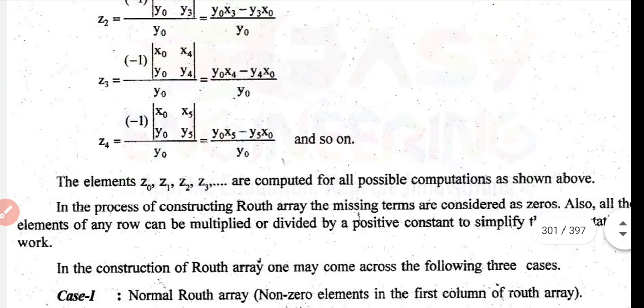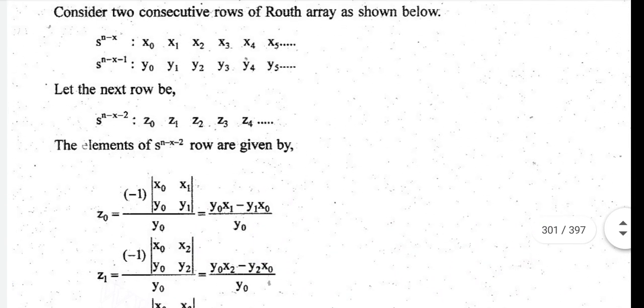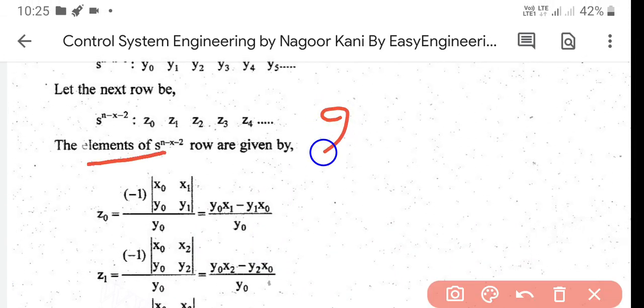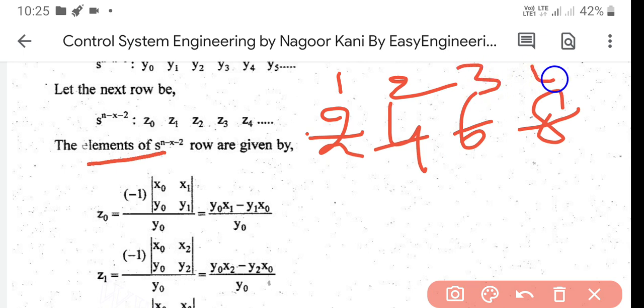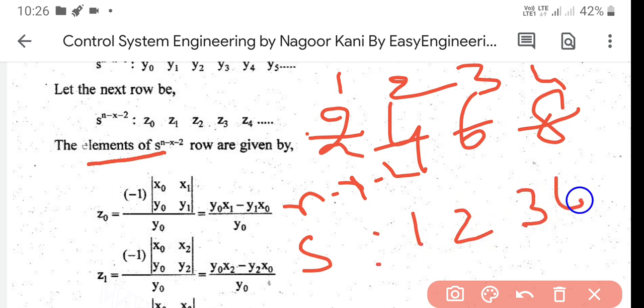Also, one more thing: if the elements of any row have values like 2, 4, 6, 8, then you can directly simplify these elements by dividing with any one of the factors. So 2 1s are 2, 2 2s are 4, 2 3s are 6 and 2 4s are 8. Then you can write the s power n minus x minus 2 row elements as 1, 2, 3 and 4.